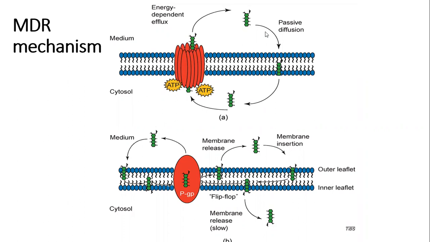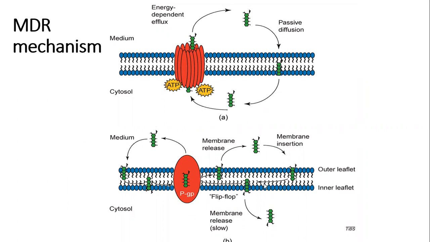This is one simple mechanism. Now coming to the P glycoprotein. Wherever P glycoprotein is mentioned, you should understand that they are talking about the bacterial MDR receptor or transporter. So PGP or P glycoprotein is present in the case of bacteria only.